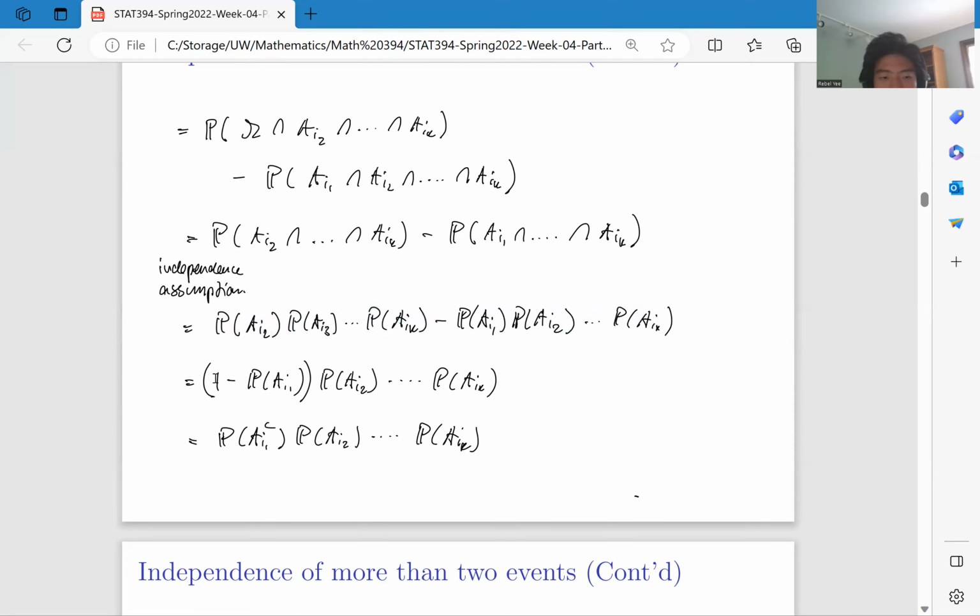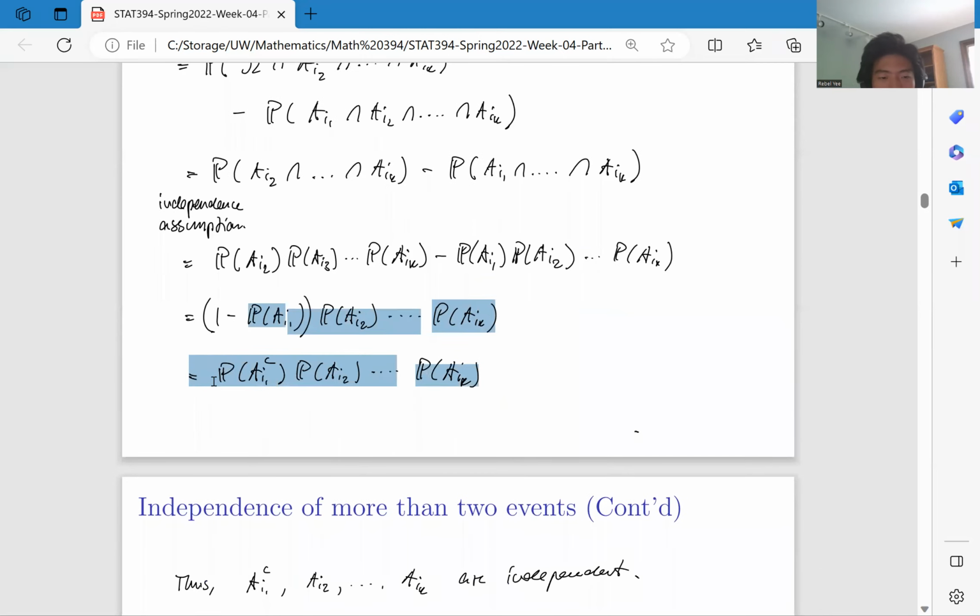We can have 1 minus P(A1) times 1 minus P(A3) times 1 minus P(A6), and all other A are listed here. They are not influenced by the 1 minus terms, and all the 1 minus terms can change to the complement of A1, A3, A6, or any other number of A, and we get this term in the end.